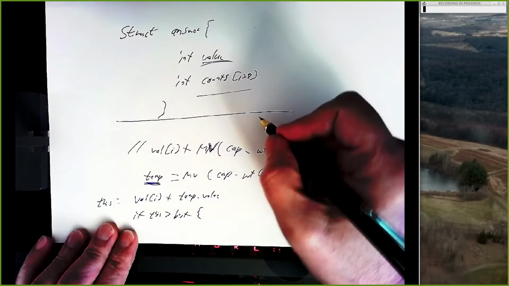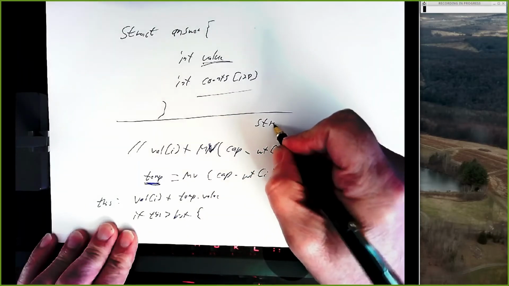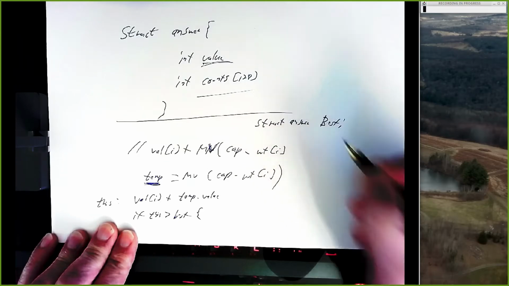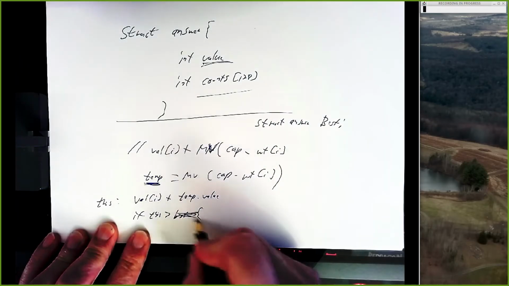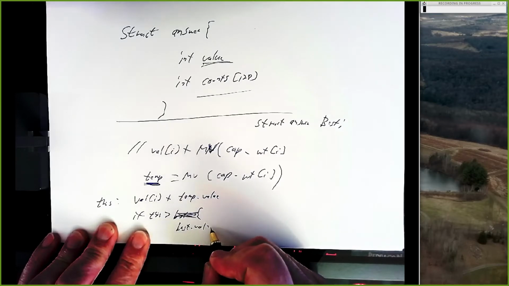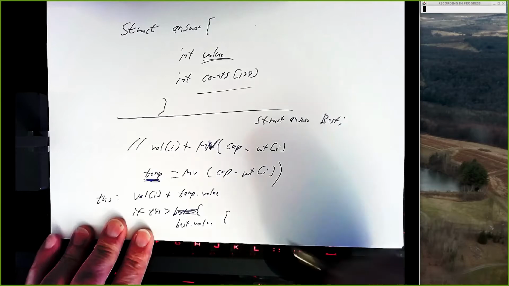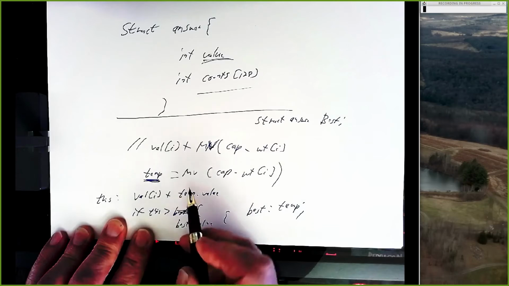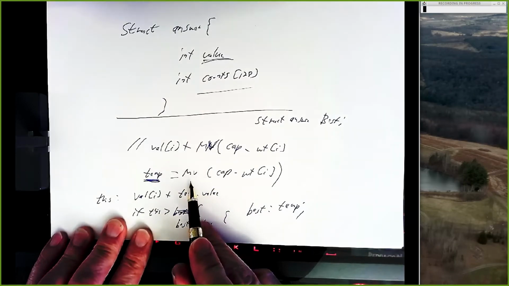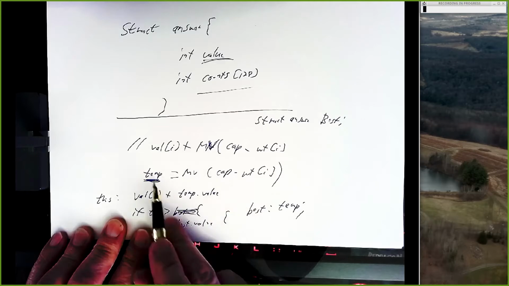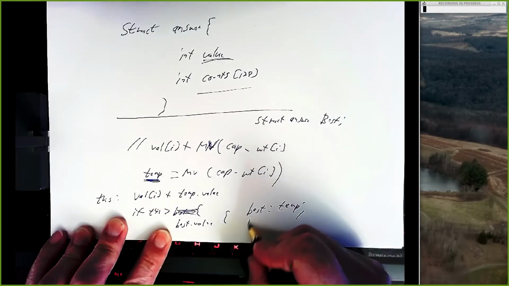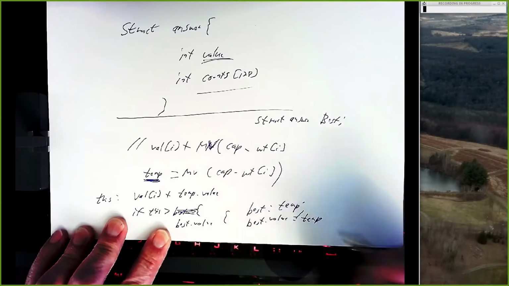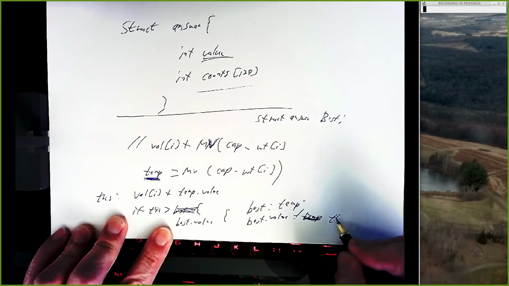then keep some running variable, a struct answer best. And so if this value is bigger than, say, best dot value, then you can say best equals temp to copy the value from your max val subproblem into your best, and set best dot value equal to temp, or equal to this.